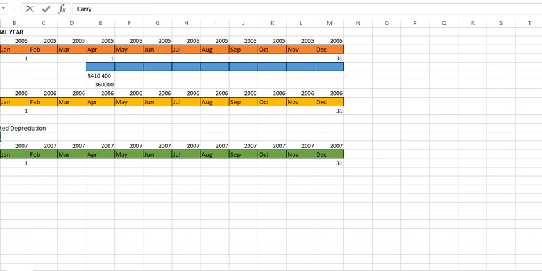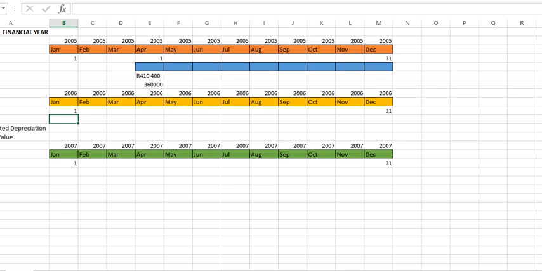That equals your carrying value. Our cost price we know is 360,000 Rand. Our accumulated depreciation, so that's the depreciation from all the prior years, we only had it for 2005, so we only had 27,000 Rand.